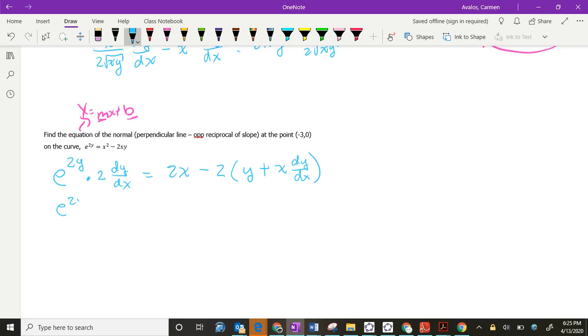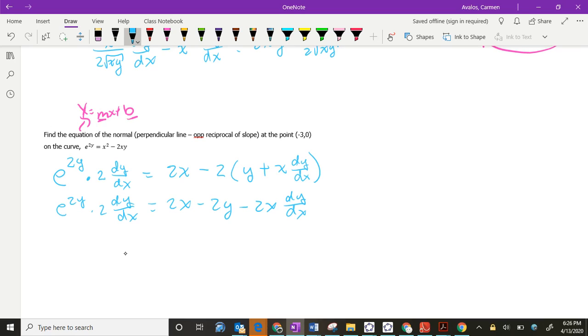So we're going to have 2xy times 2 dy/dx is going to equal 2x minus 2y minus 2x dy/dx. And so we're going to get these two together on this side. The way that we are going to do that is just move this over.